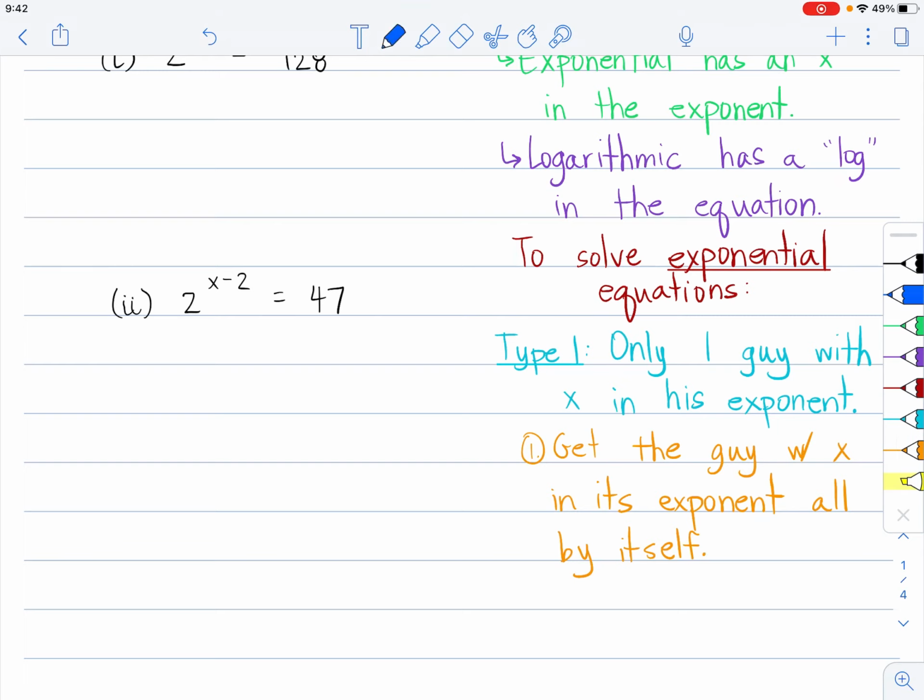Next, once you have the guy with x in his exponent all by itself, step 2, can I write both sides in the same base?